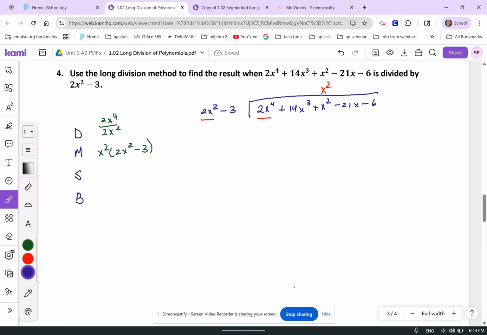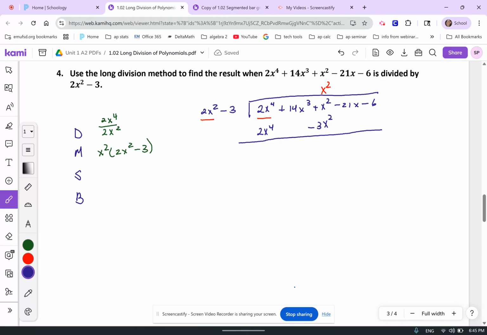When you do that, x squared times 2x squared is 2x to the fourth. X squared times negative 3 is minus 3x squared. But make sure that you write that value under the x squared term of the dividend.